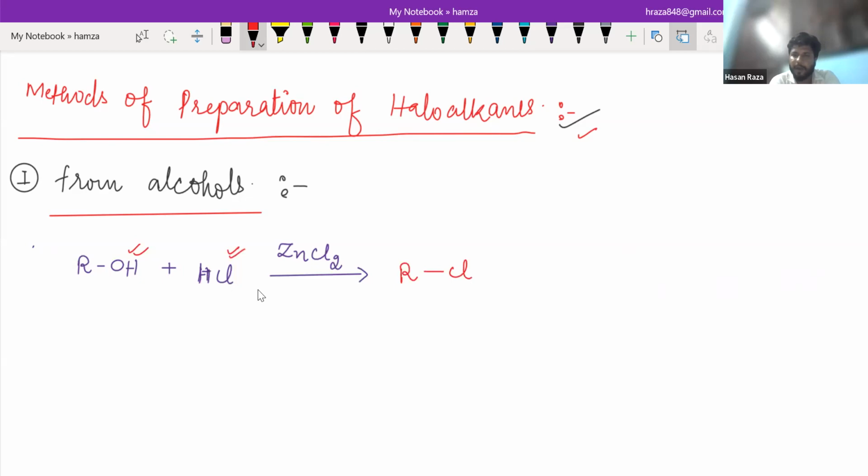You can see OH is replaced by chlorine, so this is haloalkane, and this hydrogen will combine with this OH to form H2O.